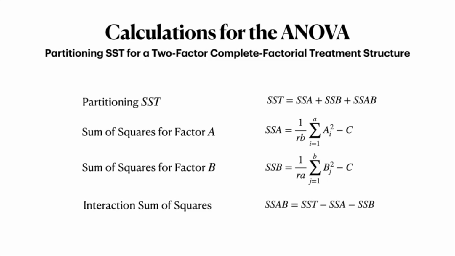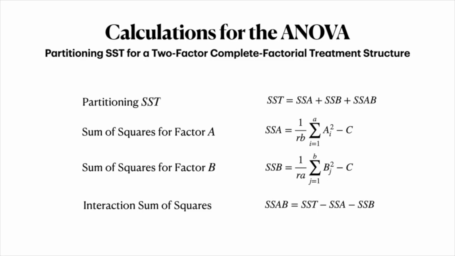Once we have that, we subtract from it C, which you'll recall is the correction factor. And you will have already calculated that because you have already constructed the basic or condensed ANOVA table, and you need that correction factor C in performing those calculations. And so you already know how to calculate that. I'm not going to include that formula here, but you'll recall that it is the square of G, the square of the grand total, divided by the total number of observations.